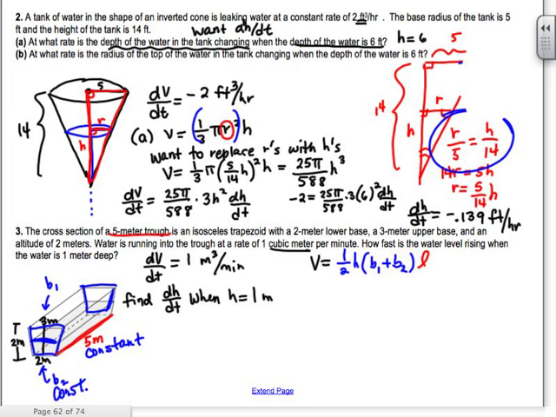And then B2 is also constant. Okay, B1 is changing because you started out with an empty trough.